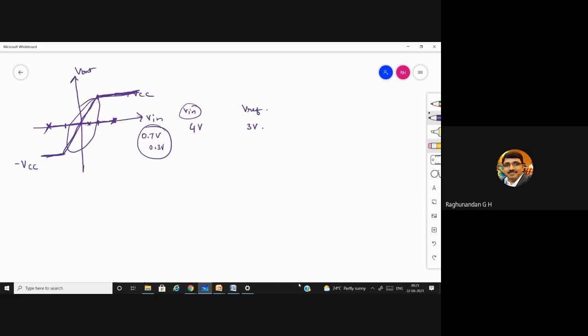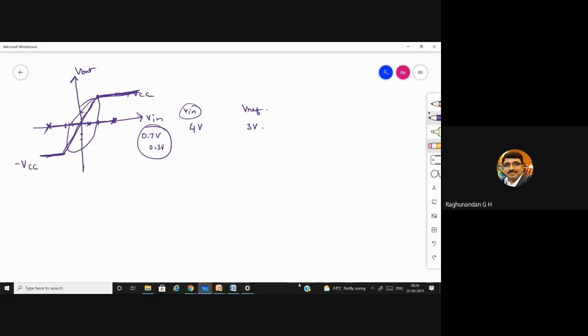If input is 1 volt, output will also be 1 volt. If input is minus 1 volt, output will also be minus 1. If it is minus 2, this will also be minus 2. But once it crosses the threshold value, which is with respect to the plus VCC and minus VEE, then it will be maintained constant.